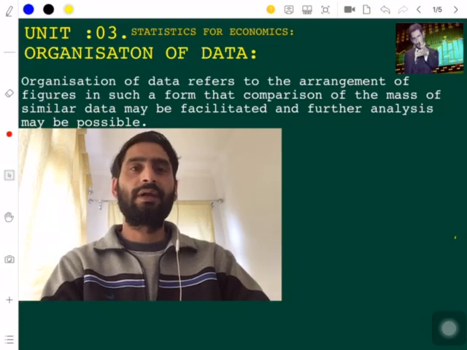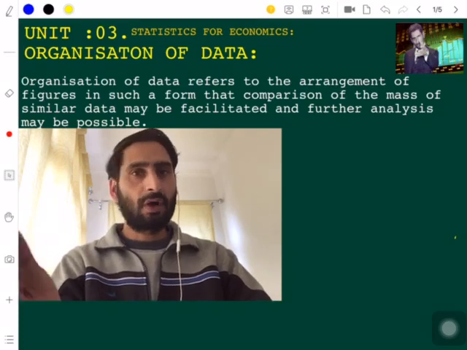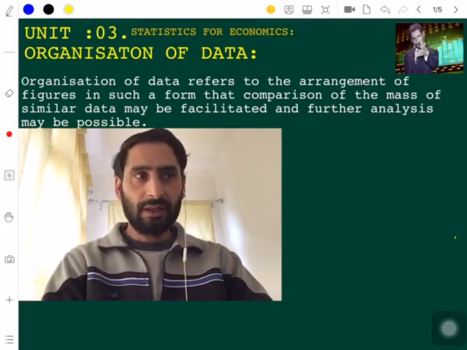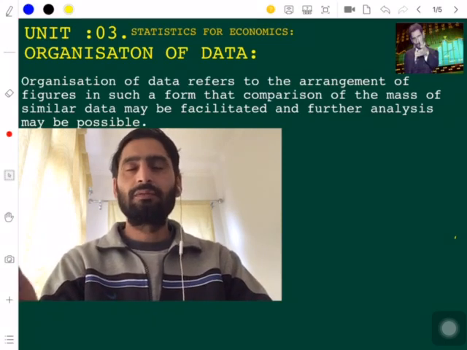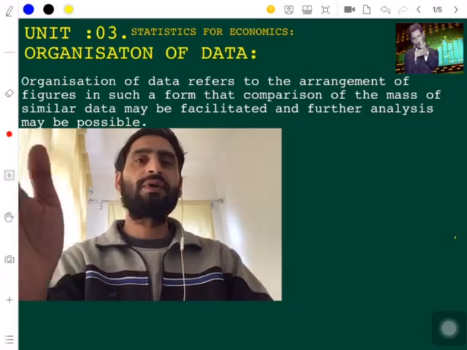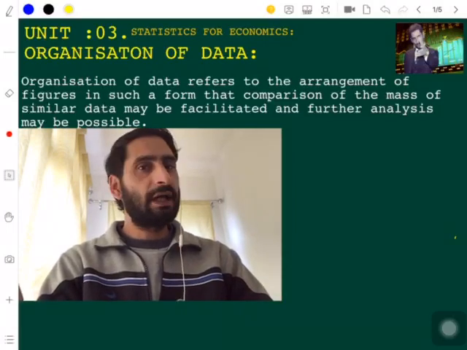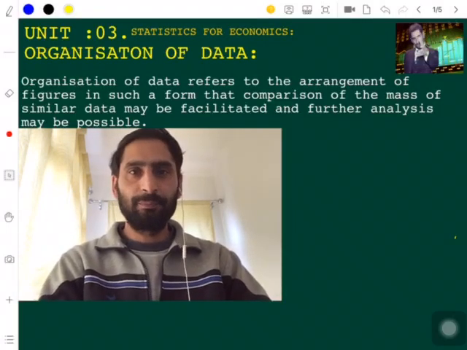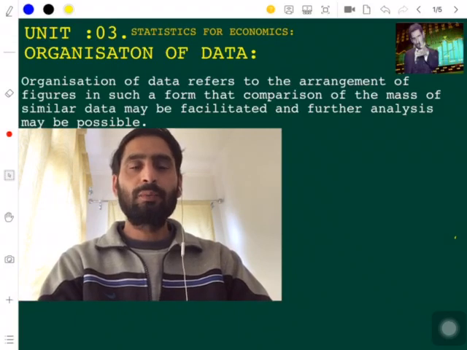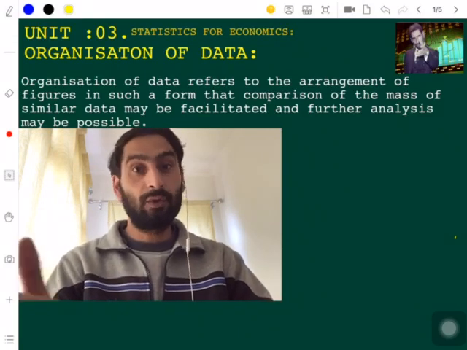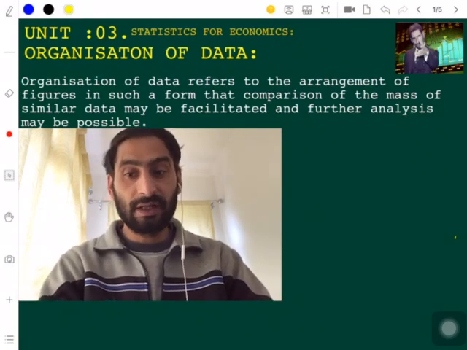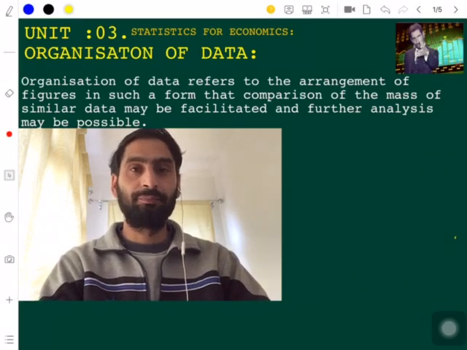That's what we do with the data, which is the raw information. We collect it from different sources that we learned in the last chapter. Different types of data we learned in the last chapter. Then we want to put it in an order. We have to put it in an order because our data is in a raw form.